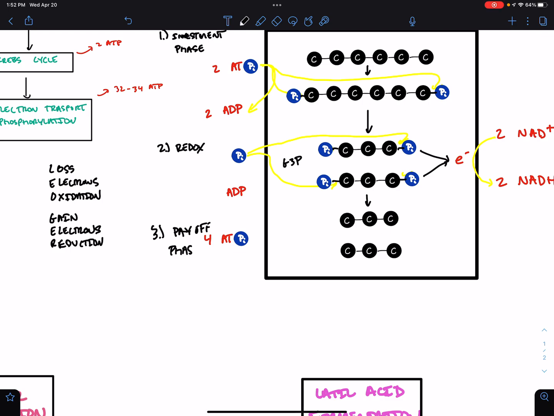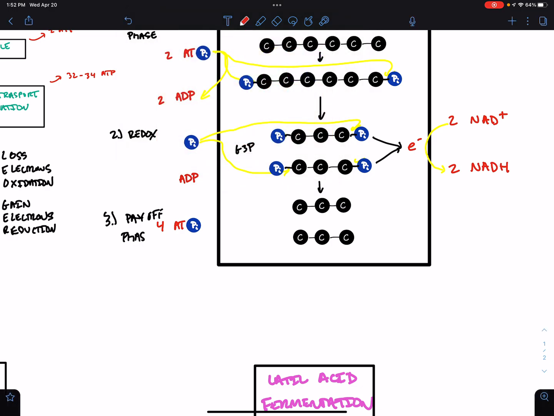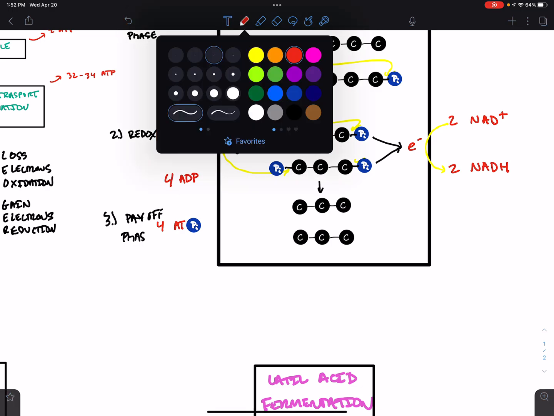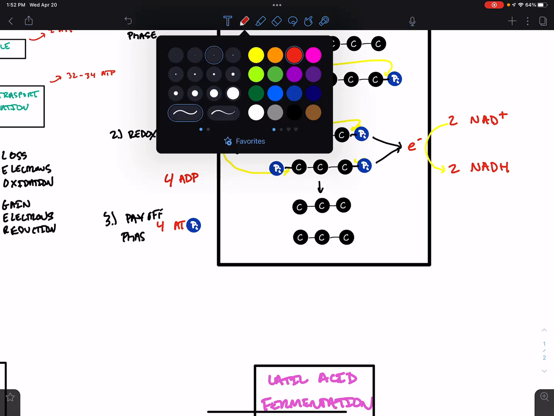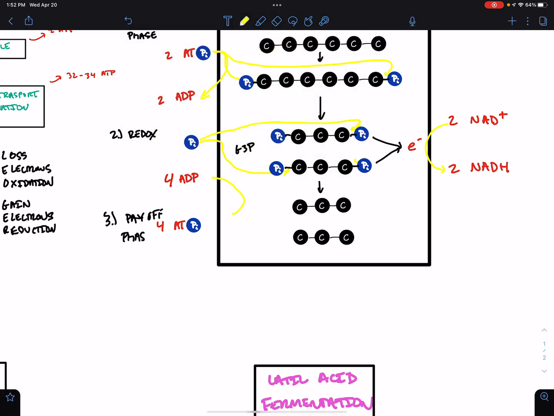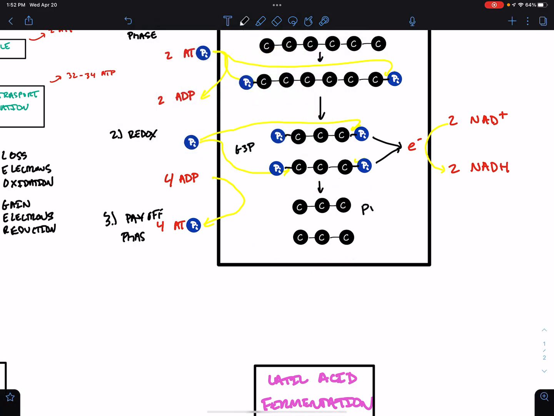And this is where we swoop in here with 4 ADP and we pick up all of the phosphate groups that were bound to the edges of the G3P. So we create 4 ATP at the end here, and we're left with a 3-carbon compound called pyruvate.